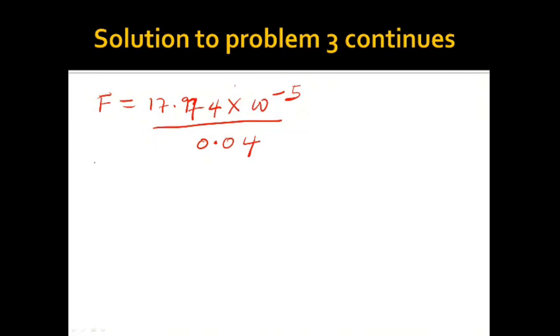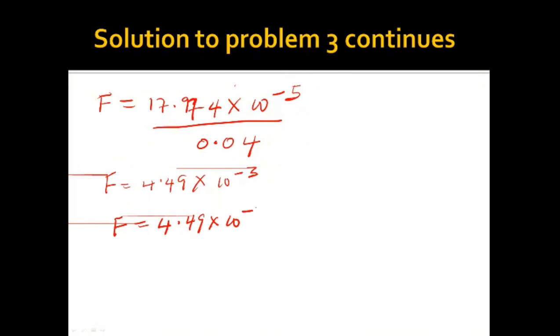And when we do that, we'll get from our calculation that F equal to 4.49 times 10 raised to power minus 3. So at the end of the calculation, we'll realize that F is equal to 4.49 times 10 raised to power minus 3 Newton.